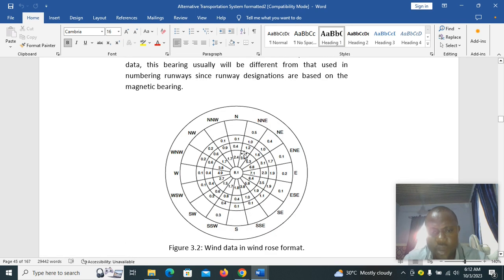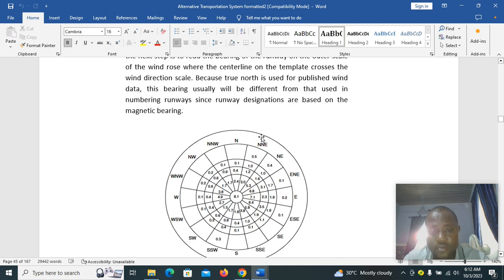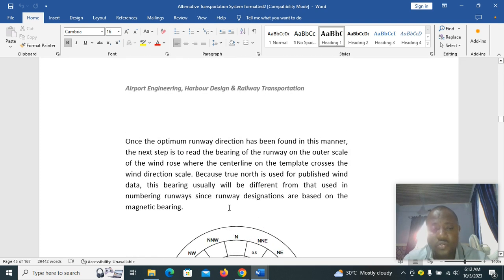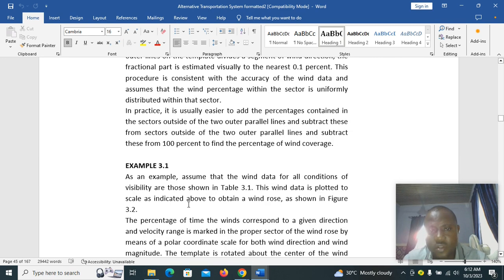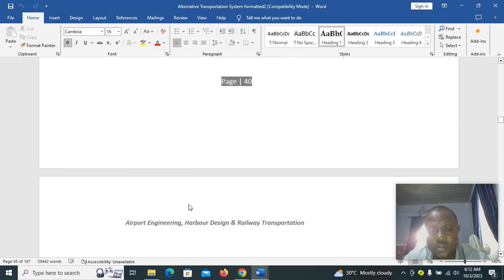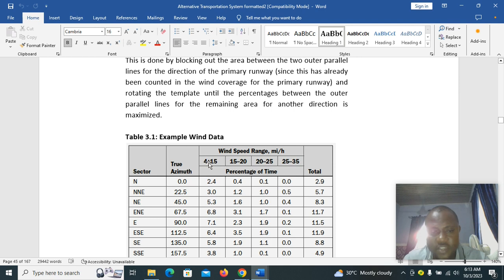I've already shown you how it is plotted from the table to the wind rose. So you start with these circles. These are the concentric circles showing the sector or the wind speed. Just as we have on the table, you see the first sector 4 to 15, this one is 15 to 20, this one is 20 to 25, then this one is 25 to 30.